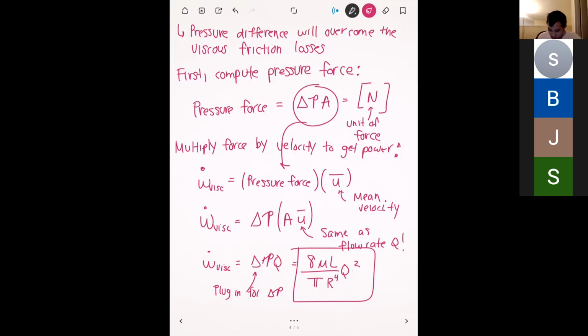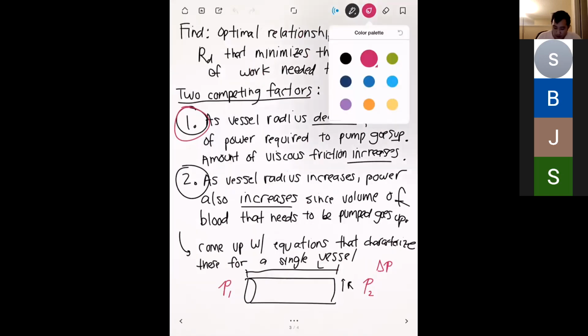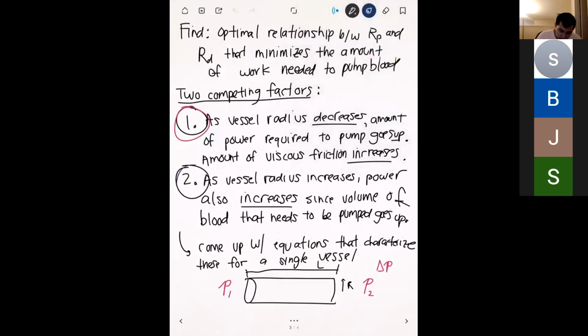And so this expression here is the power required to overcome friction, and that's one of our contributions. Our other contribution is the fact that if you increase the vessel radius, then the amount of power is going to increase just because you have more blood. So let's write an expression for that.